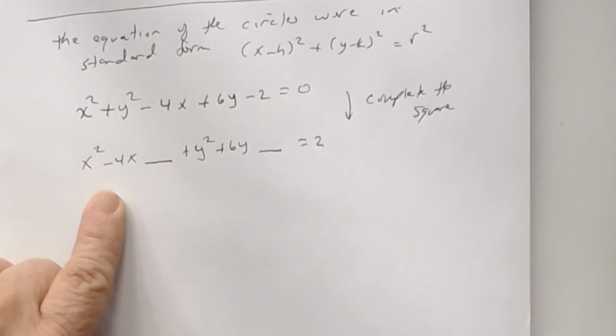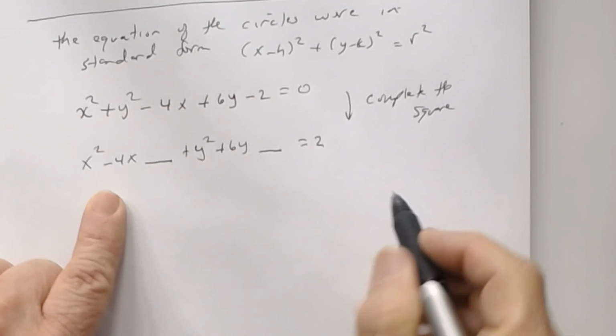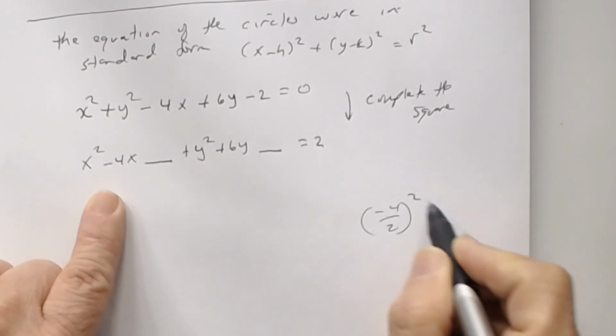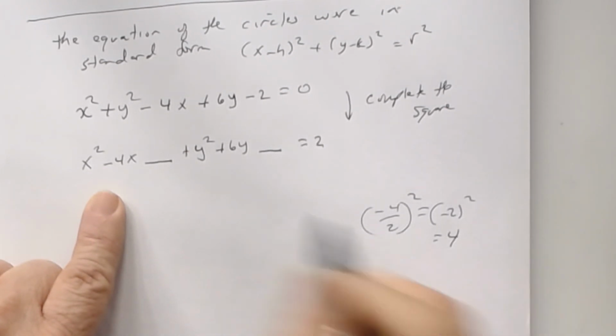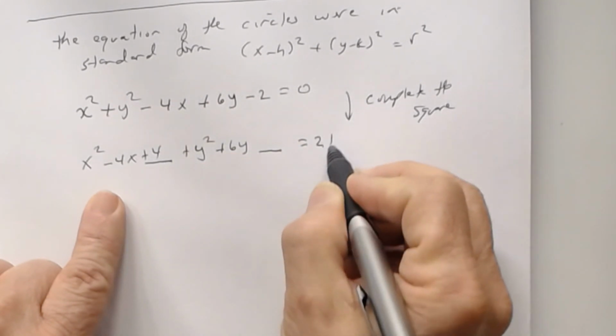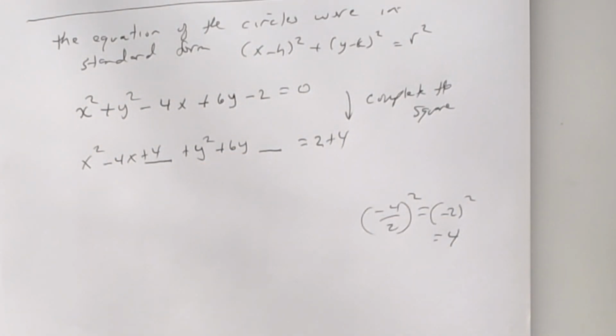The coefficient of x is negative 4, right? When I take half of negative 4 and I square it, I get negative 2 squared, which is 4. So I add 4 to both sides, just like you did when solving the quadratic equation by completing the square.